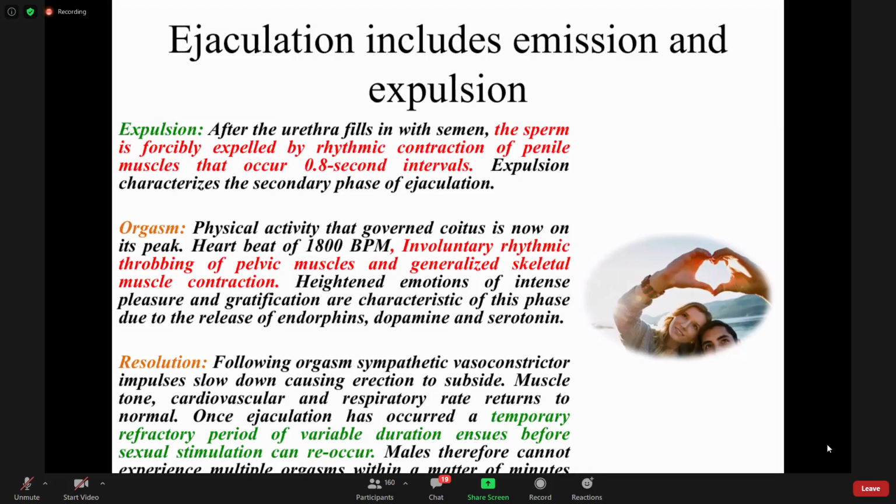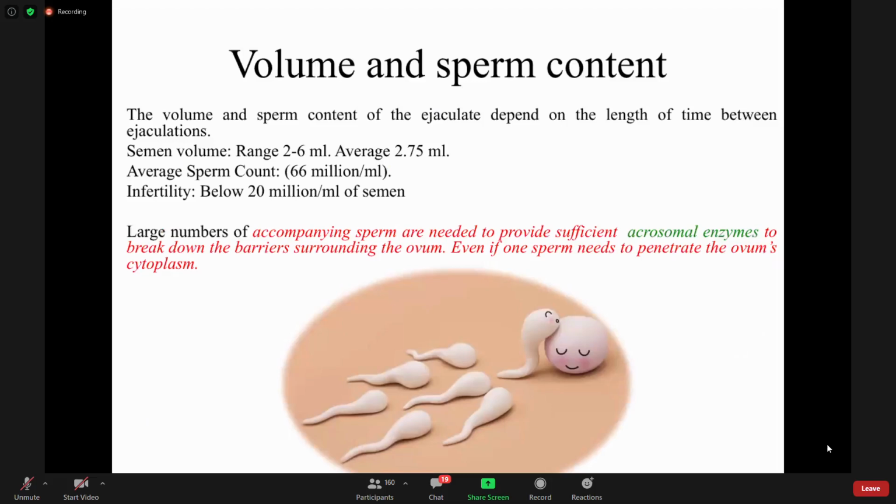And after this phase passes, we have the resolution phase, in which we have the activation of specific enzymes that are going to break up the arterial dilation and eventually restore the penis back to its original state.